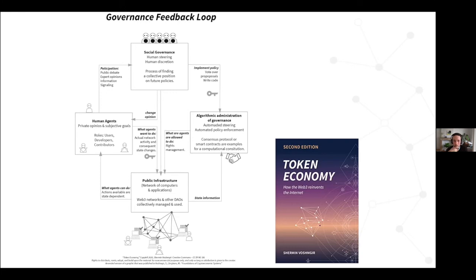So I would really like to point towards the book of Shermin Voshmgir on token economics.